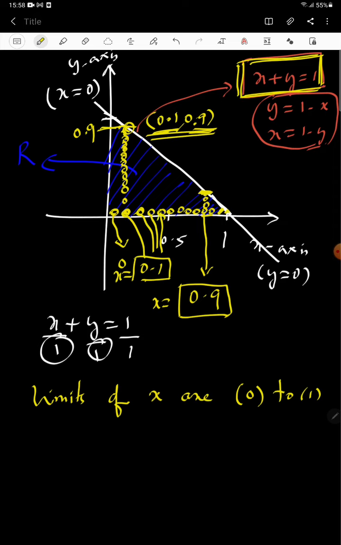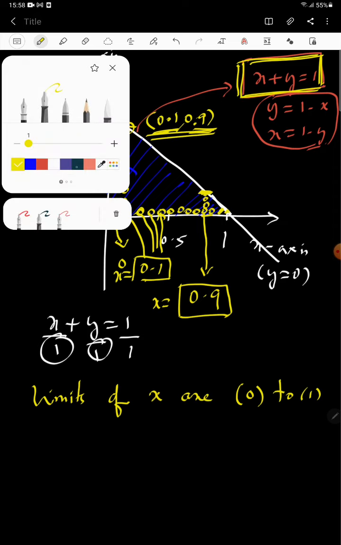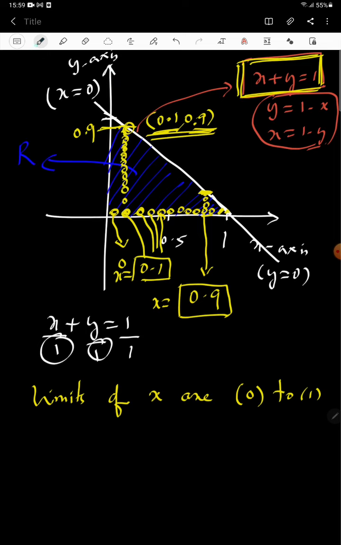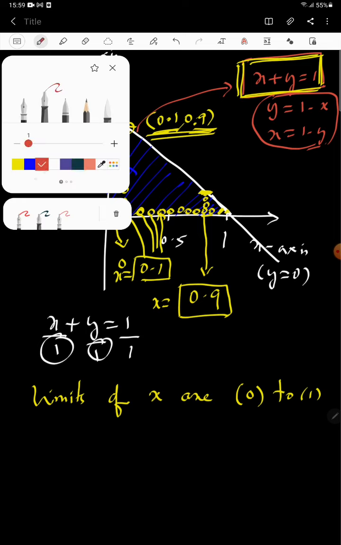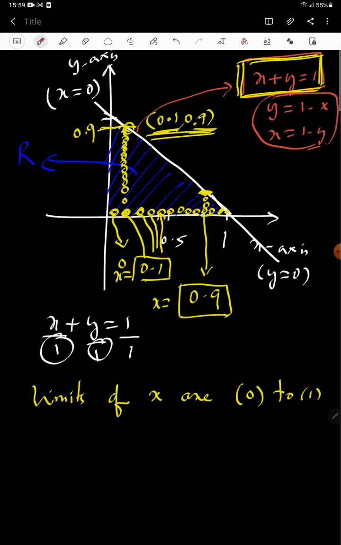When x is 0.5, I will show with a different color. When x is 0.5, the dot can go up to 0.5, so this is (0.5, 0.5).